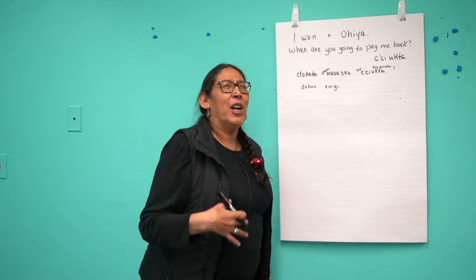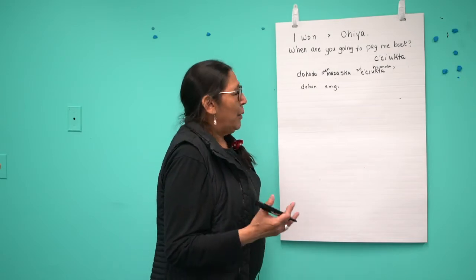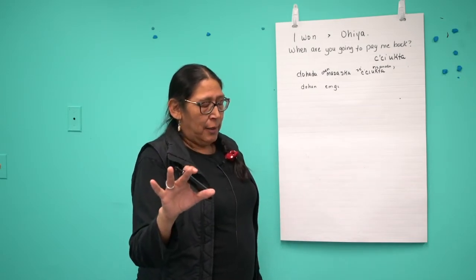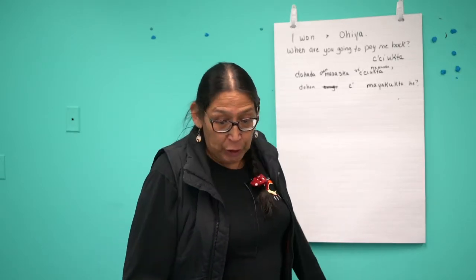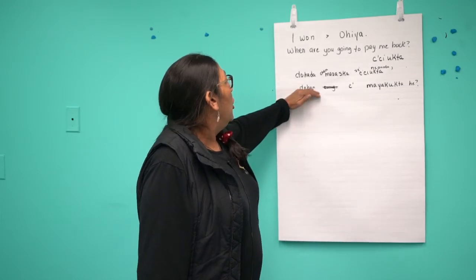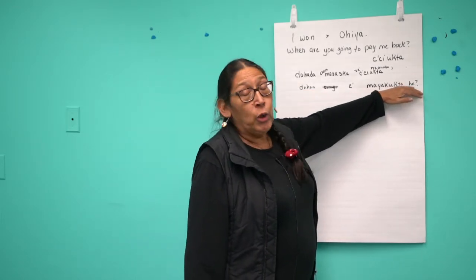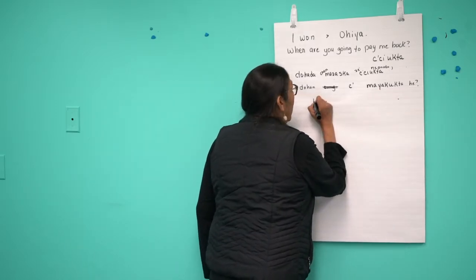I want to say imagukta. That doesn't sound right. What I'm trying to say, just wait, give me a minute. Okay, so I'm asking you, when are you going to pay me back? And there's several ways, like I said, you can say it. Dohan mayak ukta hai.